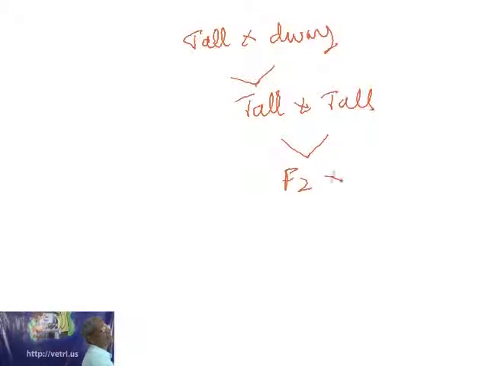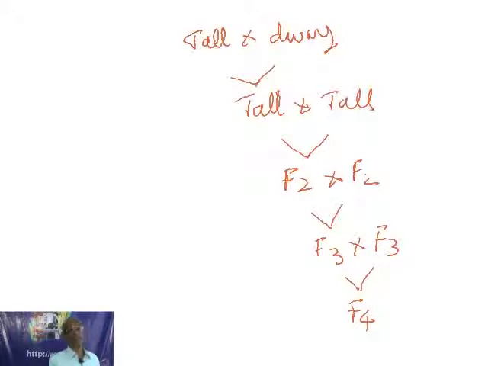F2 plants were inbred to get F3, and F3 plants were inbred to get F4. He went up to 7 generations, trying to locate how the character is flowing.